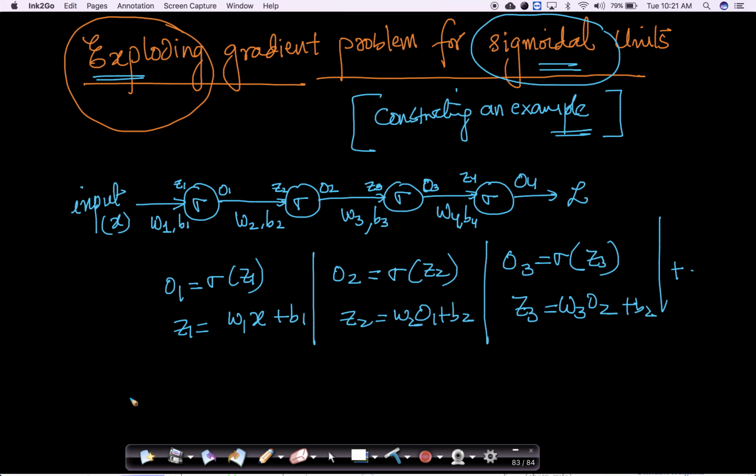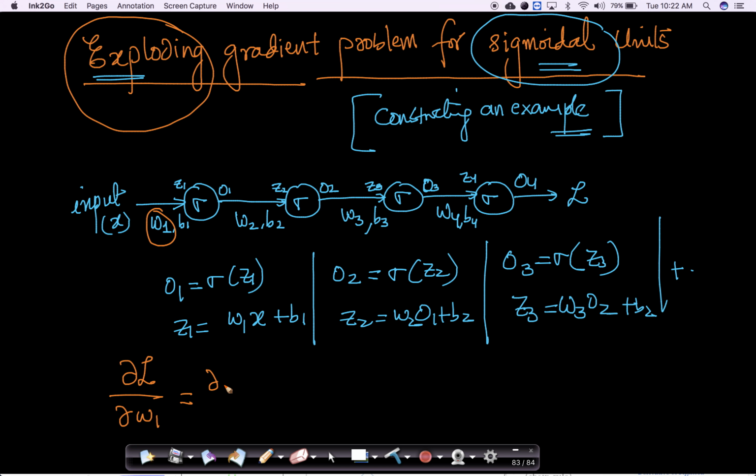Now let's go into some more interesting things. If I want to update my W1, what is my derivative of L with respect to W1? I need to use this derivative in the update equation of W1, as we have seen in the backpropagation algorithm. How do you compute derivative of L with respect to W1?